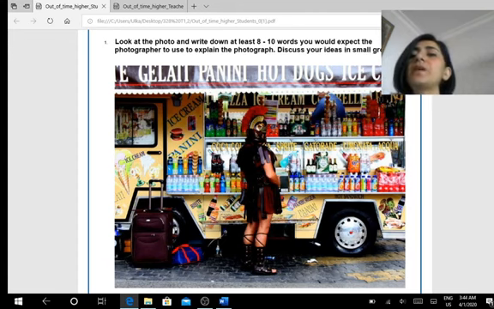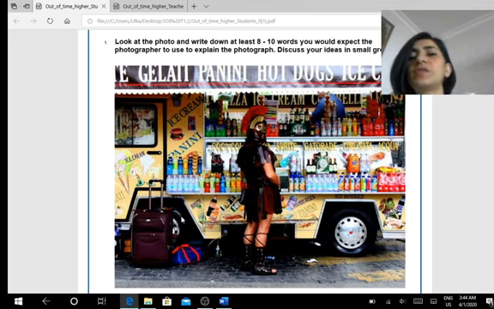But if we pay attention to the street stall, it's full of modern drinks, modern food like hamburgers, pizza, hot dogs. We see here the advertisement of what they are selling, corn ice cream. We know that people didn't eat and drink this kind of things in ancient times.